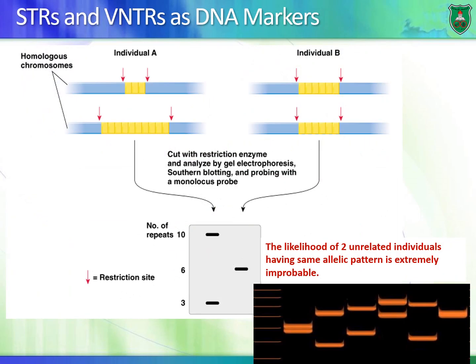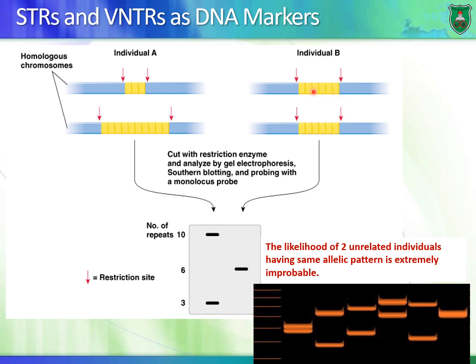Here's a few examples. You have individual A, you look at STRs or certain VNTRs. On one chromosome, you have 3 repeats. On the other chromosome, you have 1, 2, 3, 4, 5, 6, 7, 8, 9, 10 repeats. Now, on the other hand, you have individual B on homologous chromosomes.